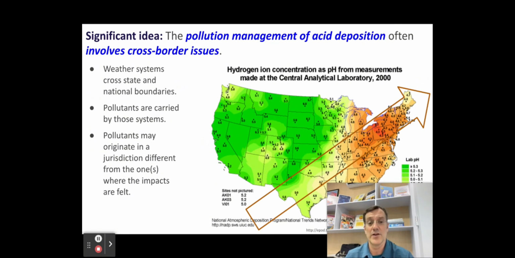You'll notice that the heaviest areas are in the northeastern United States, meaning that those pollutants have been carried from the southwest. Sulfur dioxide and oxides of nitrogen that are emitted from coal-burning power plants in China can travel all the way across the Pacific Ocean and cause acid rain in North America.